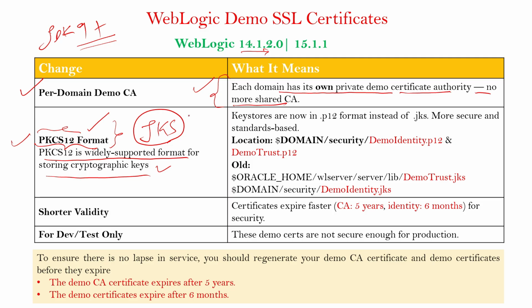Now as we have the PKCS12 format, the demo identity and demo trust keystores have also changed, and the location is also changed. The new location is the domain's security folder.